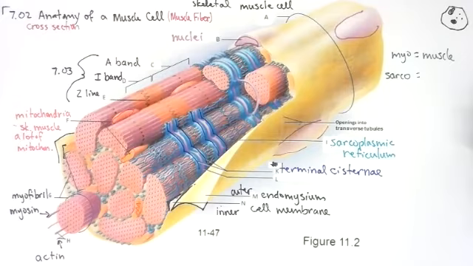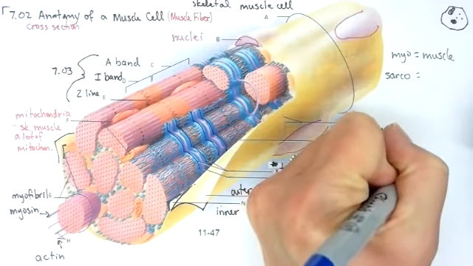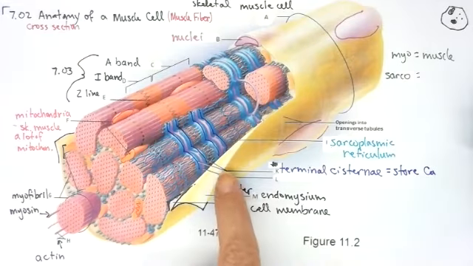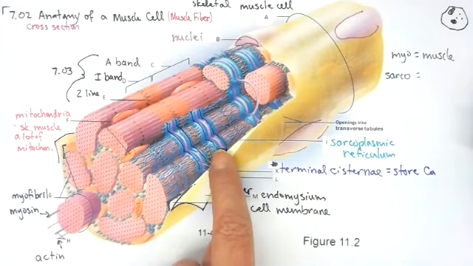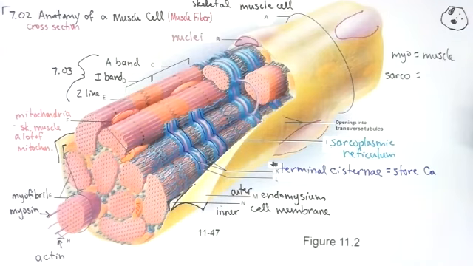So the terminal cisternae, instead of storing water, they store calcium. And usually what'll happen is we'll have movement here in these purple, and then it'll hit these, and these will release calcium, and that'll cause a chain reaction. So these three pieces work hand in hand with each other, and we're going to see how later.